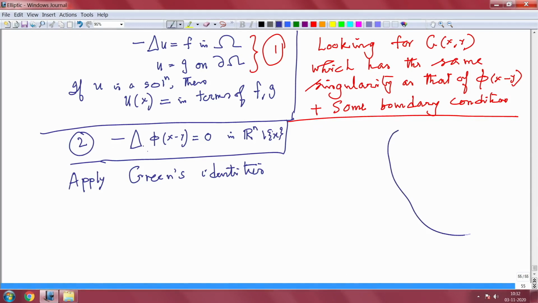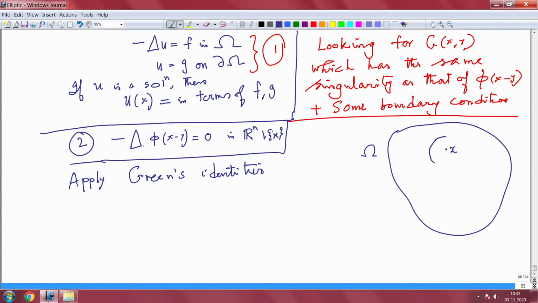You have a domain omega, and you have a point x here, and phi has a singularity there. It can be 0 with respect to x or with respect to y. Let me use y here, because I am fixing x; it does not matter which one you fix, but I have to fix one.